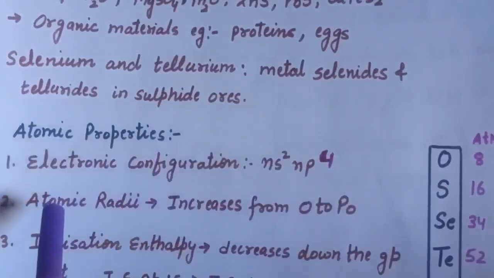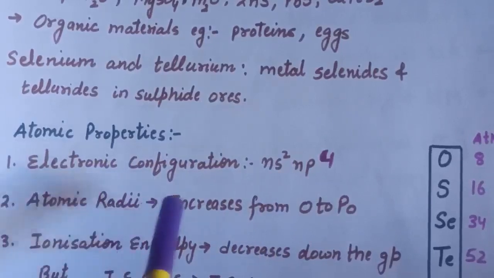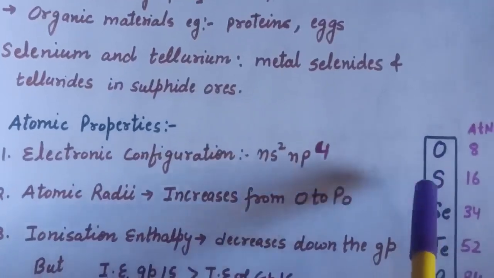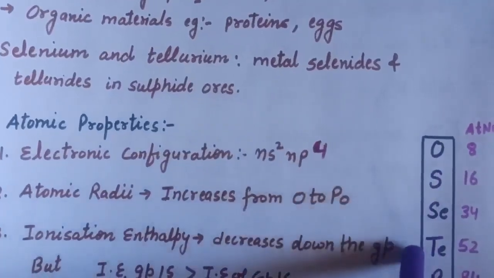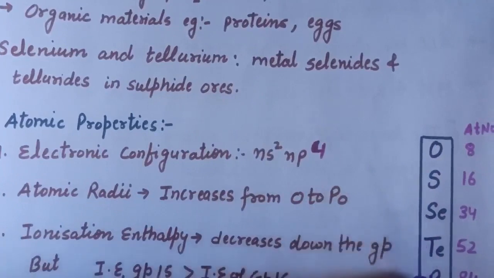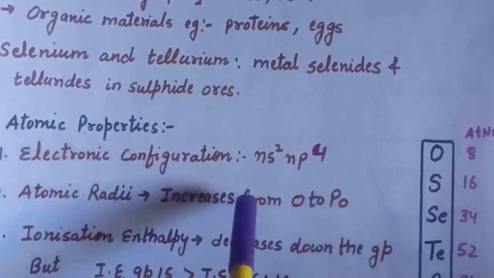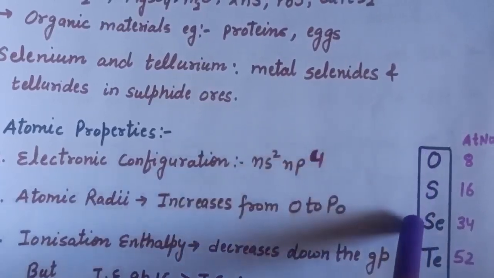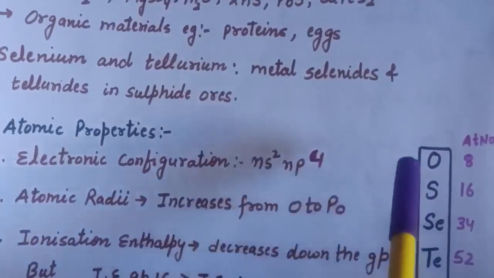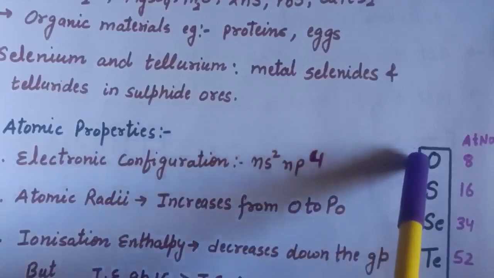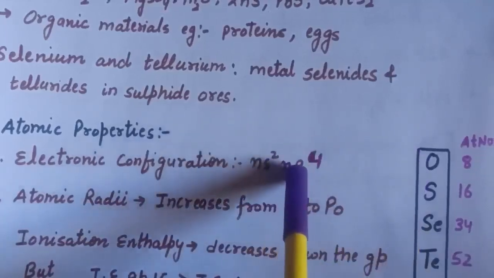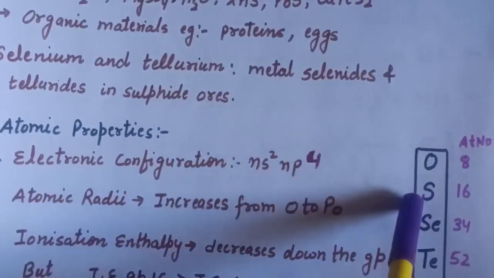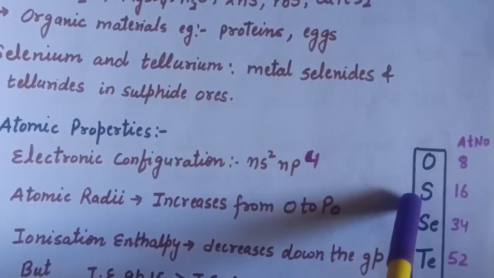Next property is atomic radii. Now when we move in group 16 from oxygen to sulfur, sulfur to selenium, selenium to tellurium and tellurium to polonium, the atomic radii increases, and the reason is when we move from top to bottom there is addition of new shell. For example, in case of oxygen the outermost shell is n equals 2, but when we move from oxygen to sulfur the outermost value of n is 3.